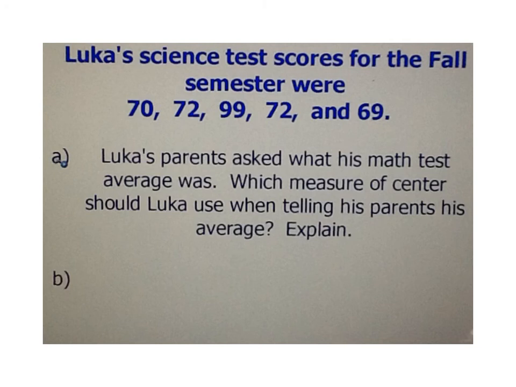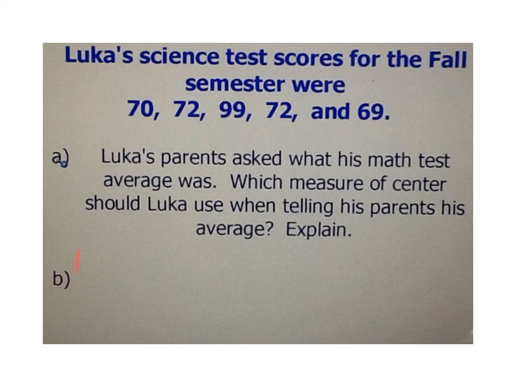Luca's science test scores for the fall semester were 70, 72, 99, 72, and 69. Luca's parents asked what his math test average was. Which measure of center should Luca use when he's telling his parents his average? Well, if you're Luca, you're going to want to present your parents with the best story, right?